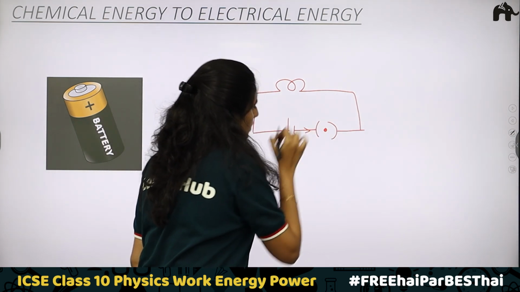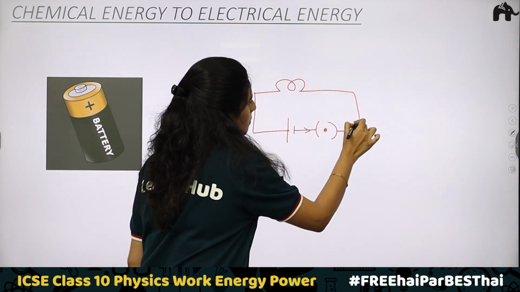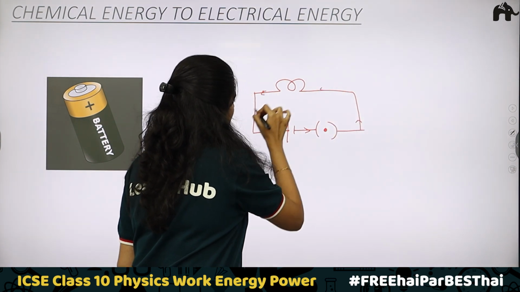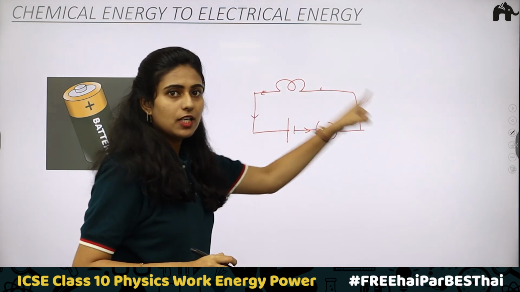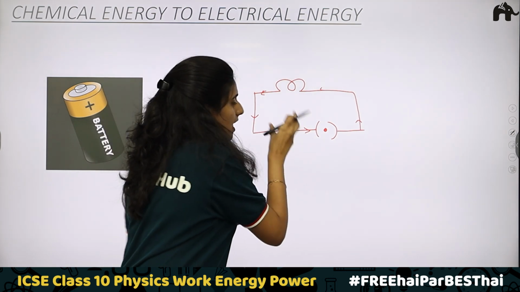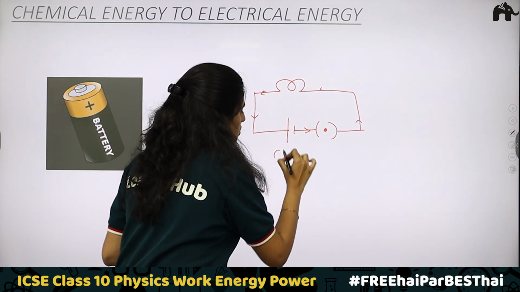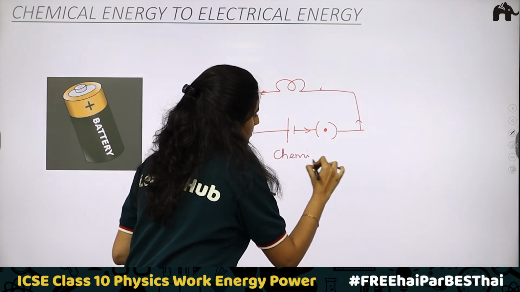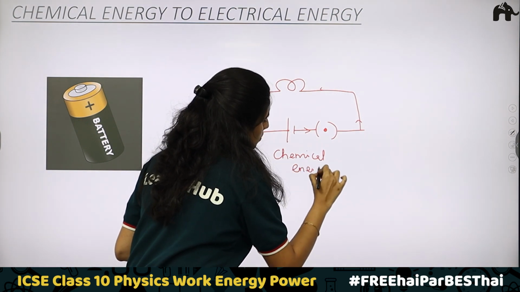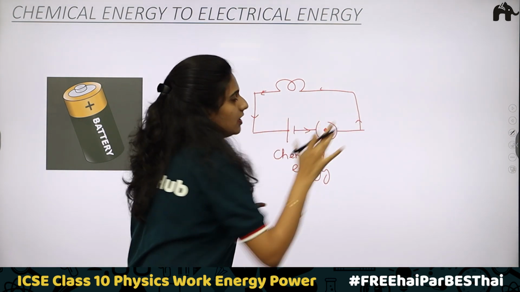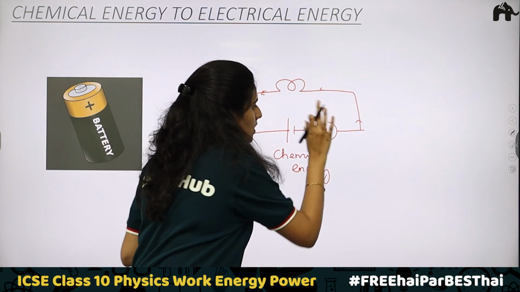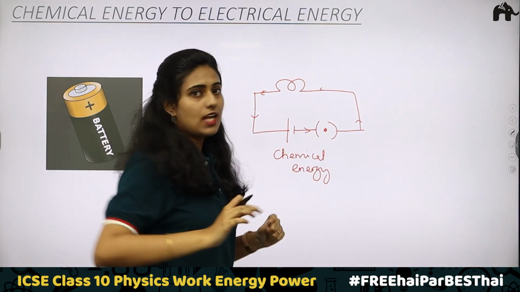Electrons start flowing from the negative terminal to the positive terminal. Here inside the battery, energy was stored in the form of chemical energy. When connected to the circuit and the switch is given or the key is given, what happens?